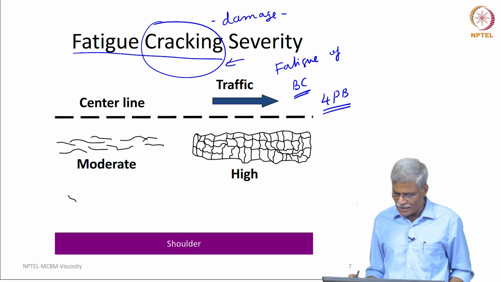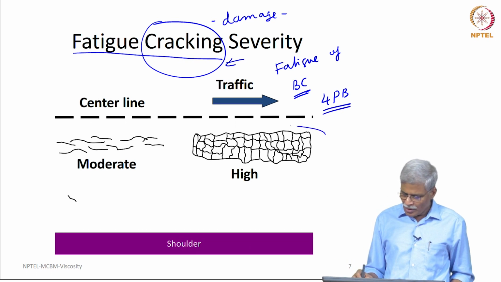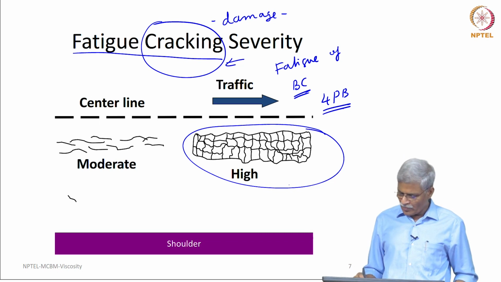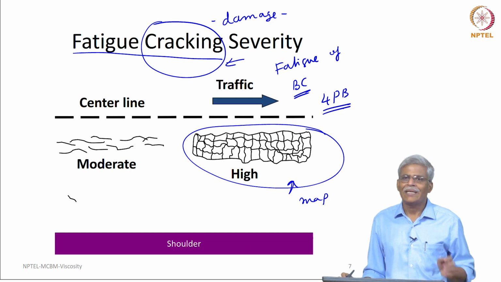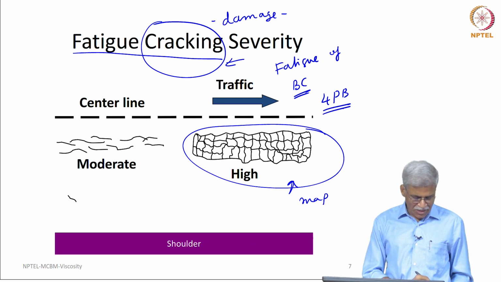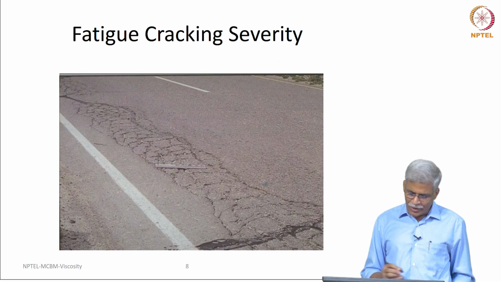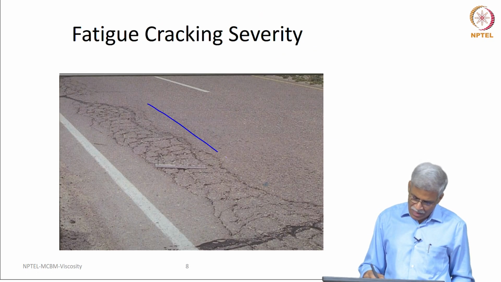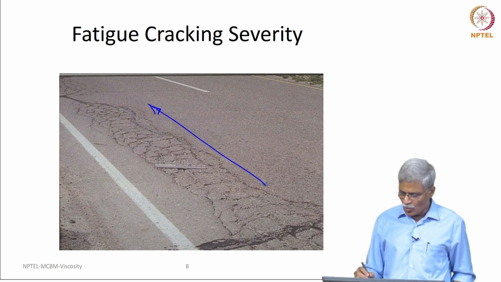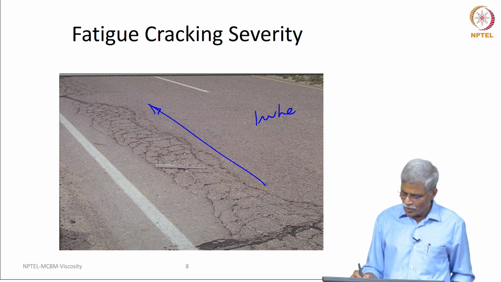Now, you see the center line, and there is going to be some portion which is subjected to repeated loading, and we get what is really called map cracking or alligator cracking, and most of you are really familiar with such kind of failure. You are going to see that these cracks appear along the direction of trafficking, more or less in the wheel path.